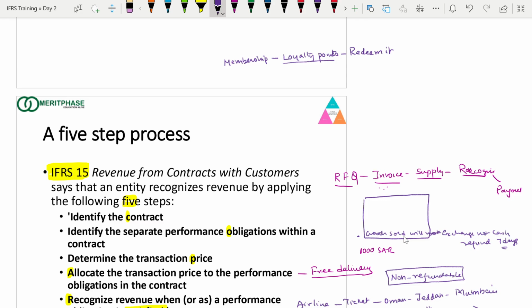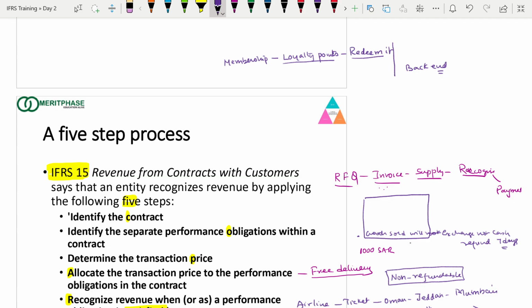We say, okay, we will take membership, we'll get loyalty points, we can redeem them. But this is only the front end. We will discuss what will happen in the back end. They have to realign, readjust the price, as simple as that. All these issues we will cover here.